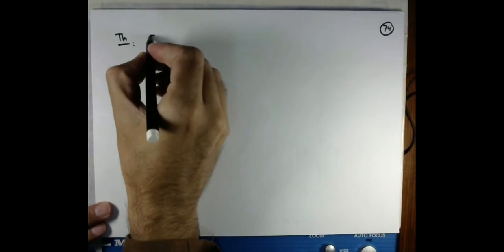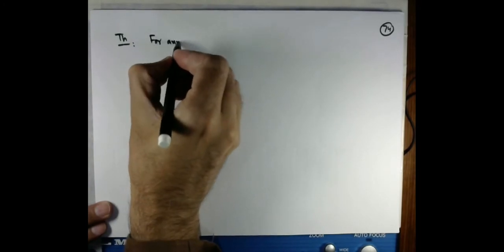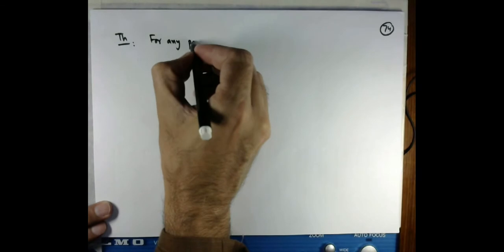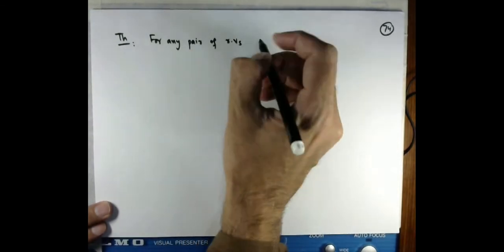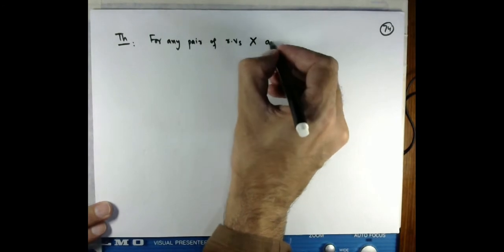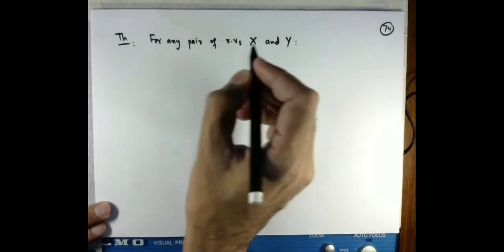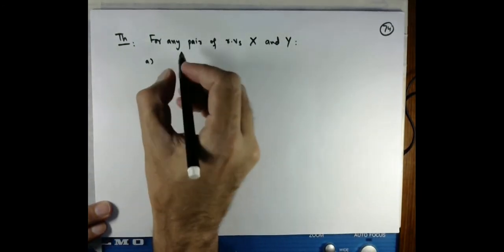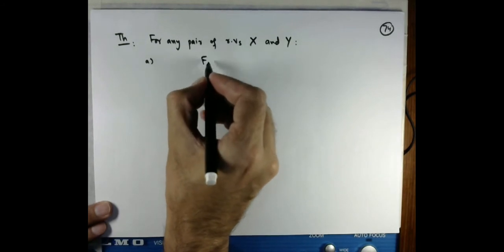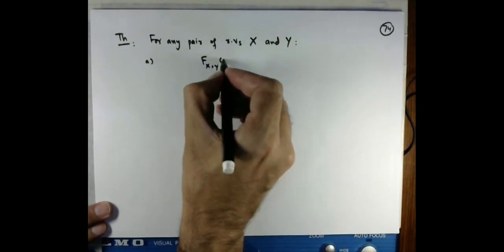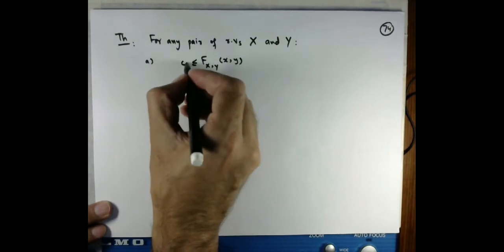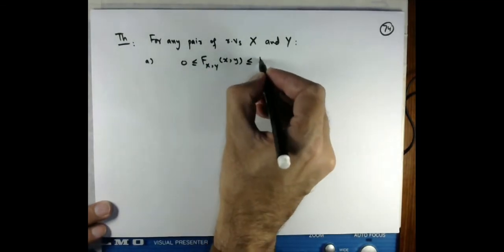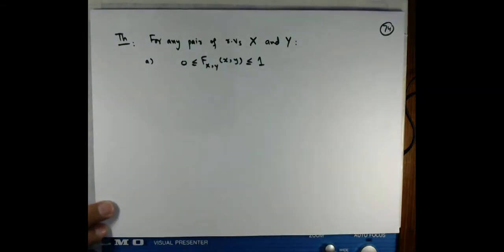For any pair of continuous random variables X and Y, first, the joint CDF of X and Y obviously has to be between 0 and 1.